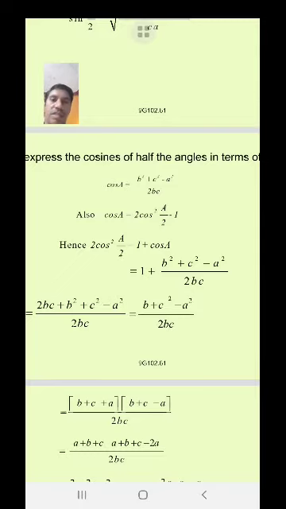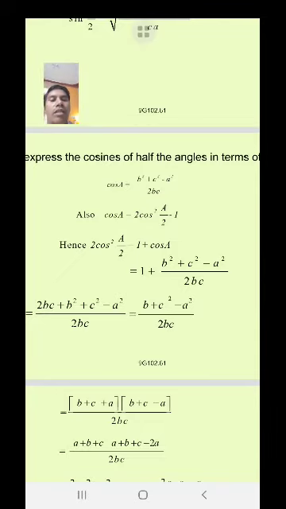This came in the chapter compound angles. So from cos 2A we can write cos A equals 2 into cos square A by 2 minus 1. Hence the minus 1, if we bring it to the left side, becomes positive 1.